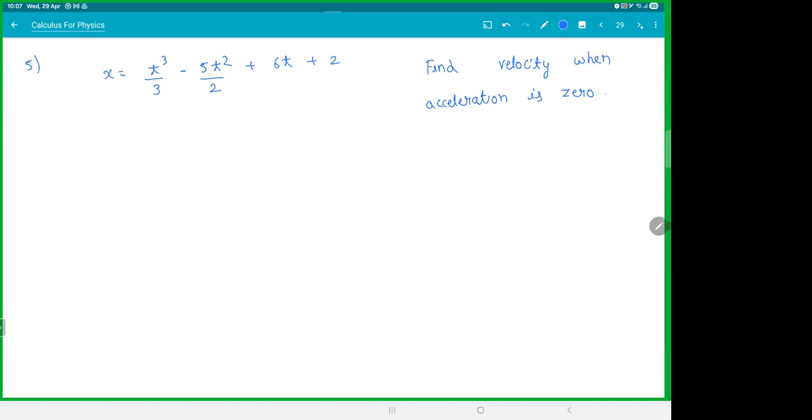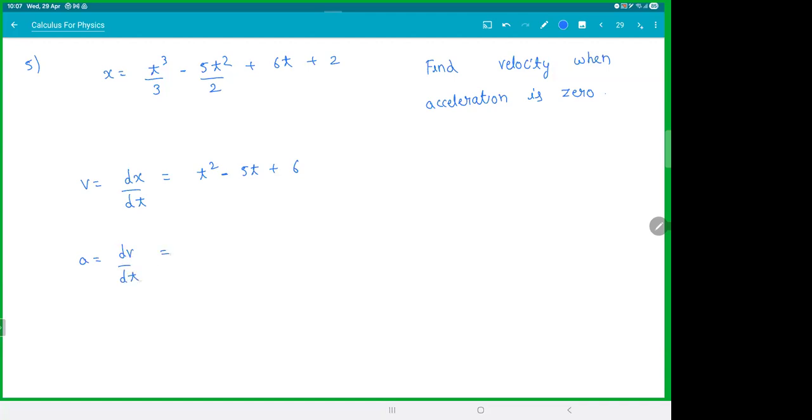Okay, let's see. So step one, let's differentiate it. There's no way out. You have to find the velocity. So velocity is dx by dt. T cube का differential, 3t square. 3 will cancel, t square. So I'm writing it directly now. T square का differential, 2t. So that is 5t. 6t का differential, 6. Great. Acceleration, differentiate the velocity again.